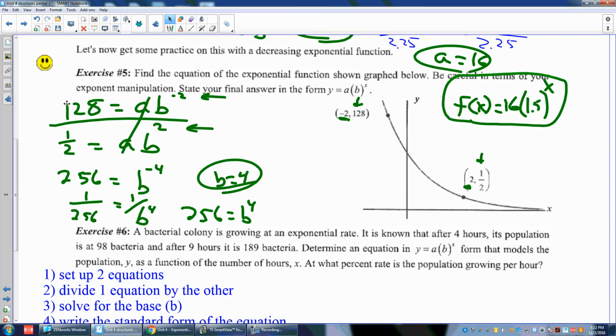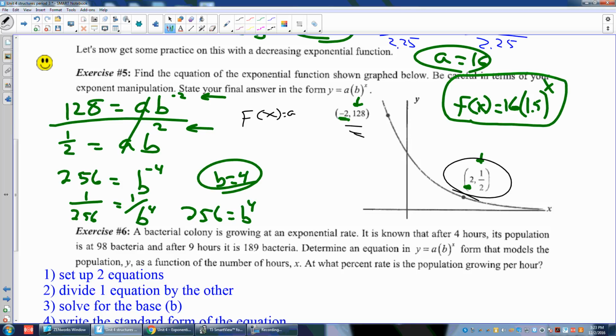Now write the standard form of the equation, substituting in any point. Pick a point. I'm going to pick the positive value of a point. You can use negative numbers if you want. So I'm going to have f of x equals a, and then b is 4 to the x.